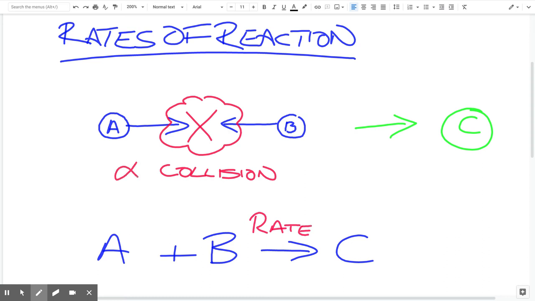Okay, so it's proportional to the number of collisions. So over these next few clips we're going to look at how we can affect the number of collisions per second between particle A and particle B.